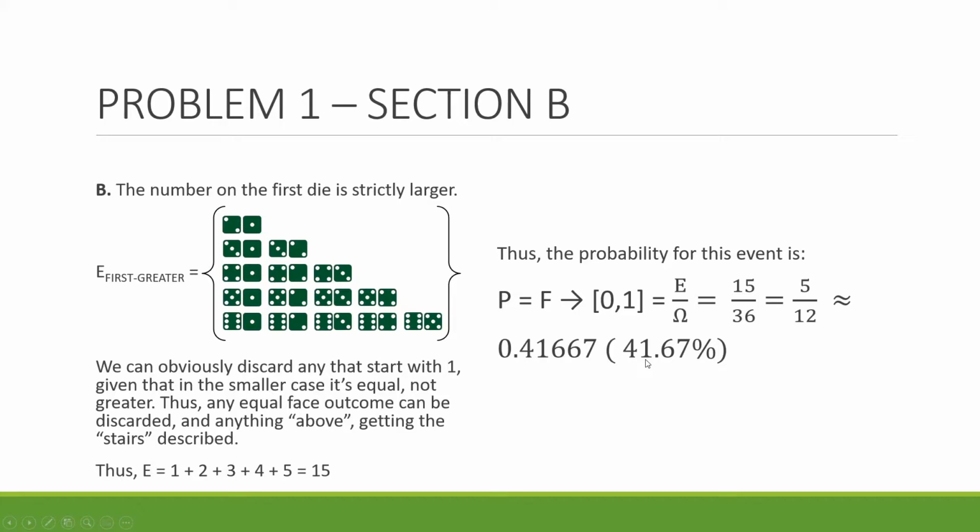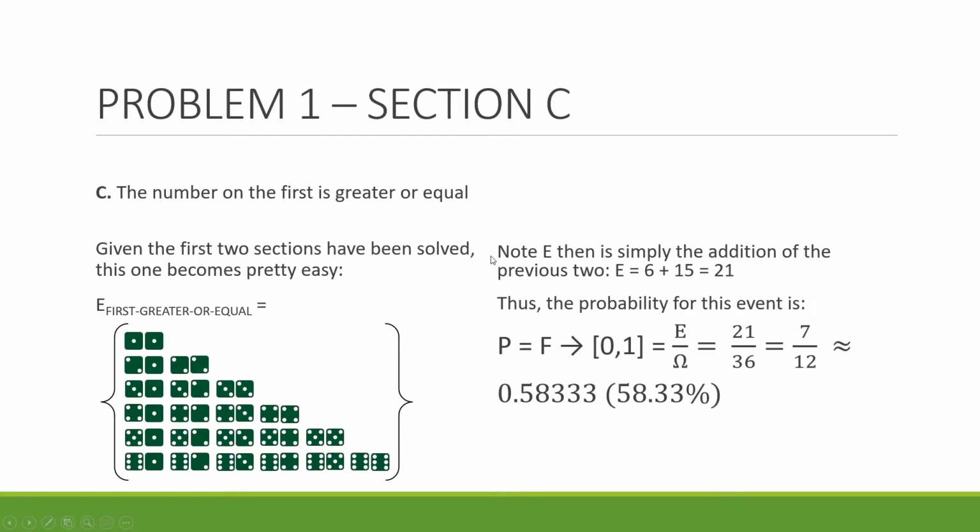Section C asks us to get the combinations so that the number on the first die is greater or equal. Now, this sort of hits a deja vu here, because we're noticing that we're asking first if the number is greater or if the number is equal, meaning that both of these cases satisfy the condition.